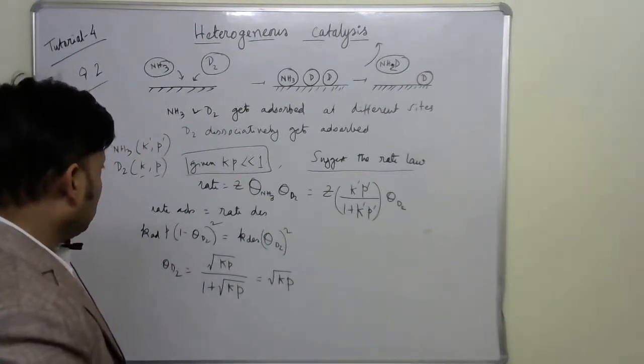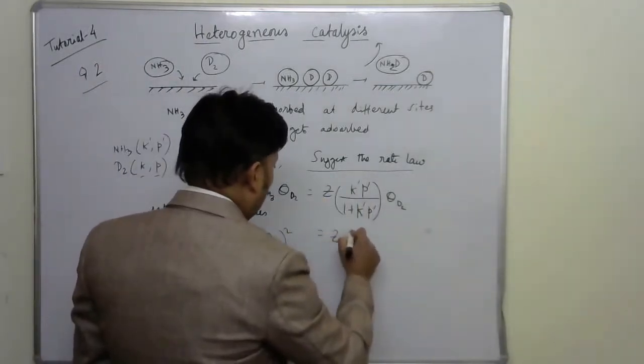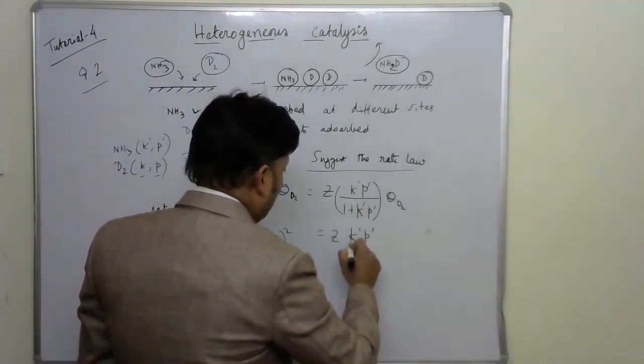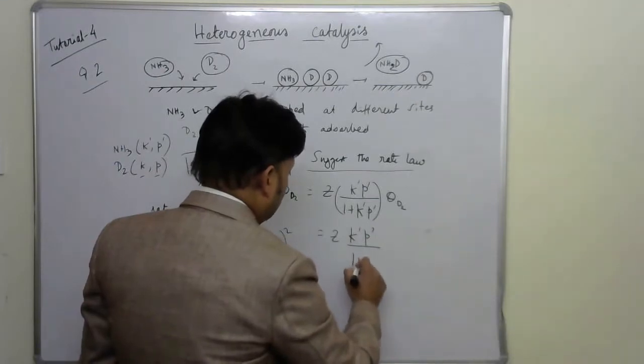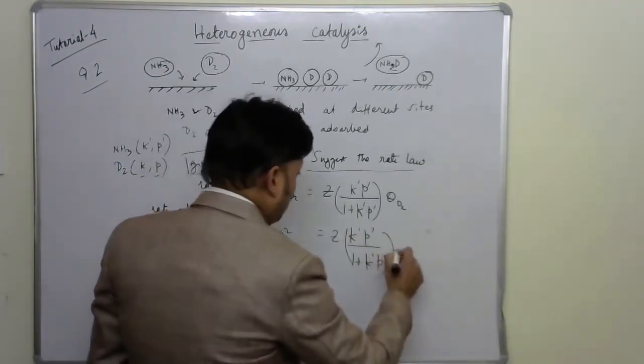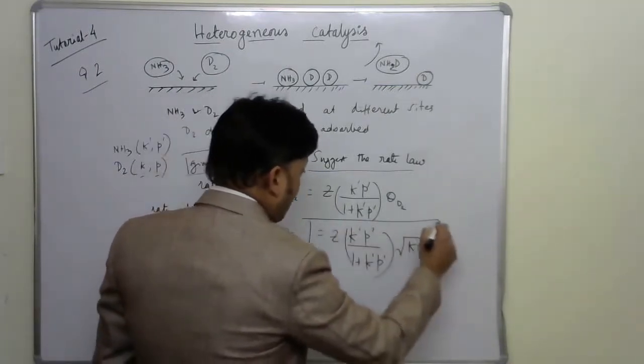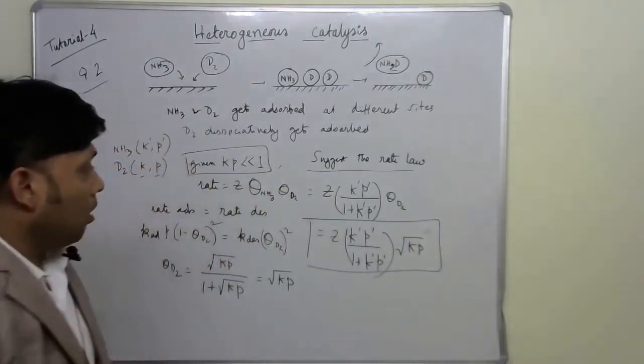So therefore this entire expression would now take up a form like that, multiplied by root over Kp. So that's how the rate law appears.